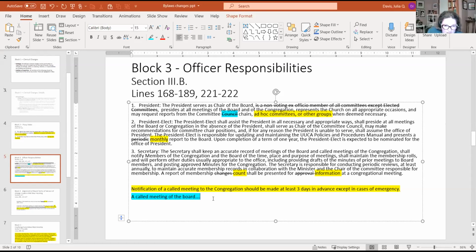Jan, you had a comment? Yes, I'm going back to the committee council chairs. That sentence refers to committee chairs of the committee council. It doesn't need to be changed. Under president, may request reports from the committee council chairs. Those are chairs of the committees.